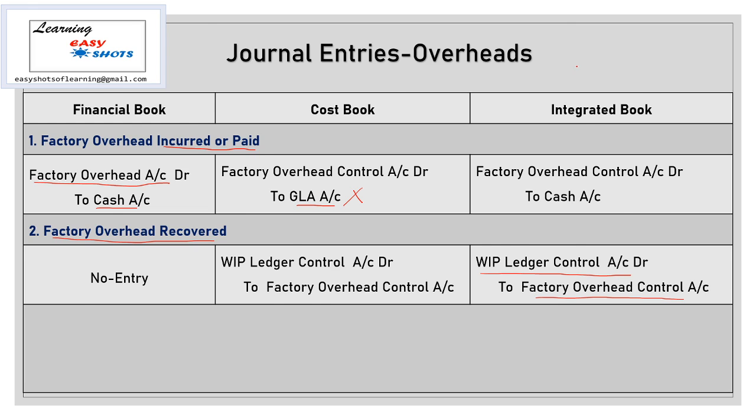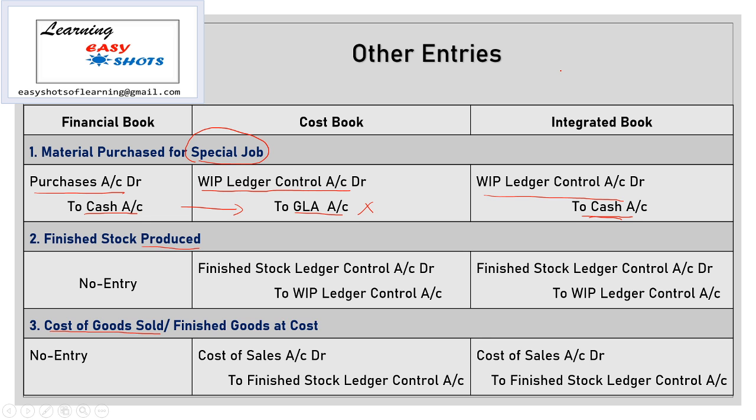So when we generalize these transactions, our first transaction is finished stock produced. In that case, we transfer the goods from WIP ledger control account to finished stock ledger control account. So we debit the finished stock ledger control account and WIP ledger control account is credited. In our next case, cost of goods sold or finished stock at cost, we transfer the goods from finished stock ledger control account to cost of sales.